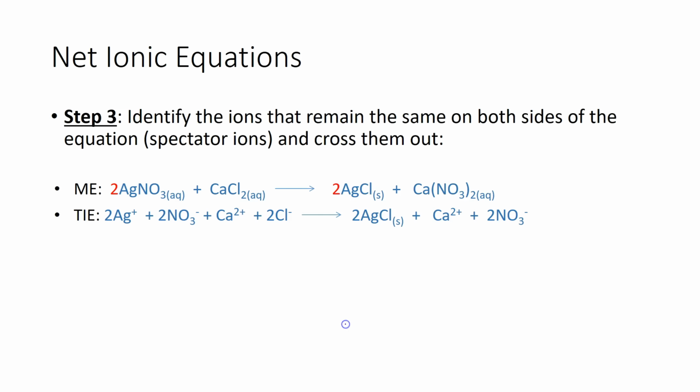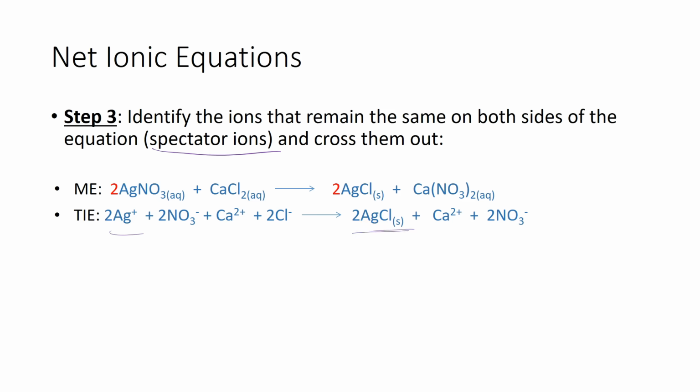Now, what I'm going to do next is look at both sides of my total ionic equation, and I'm going to eliminate spectator ions. Spectator ions are the ions that look the same on both sides. Now notice silver on the left side is 2Ag+. On the right side, it's part of this solid molecule.